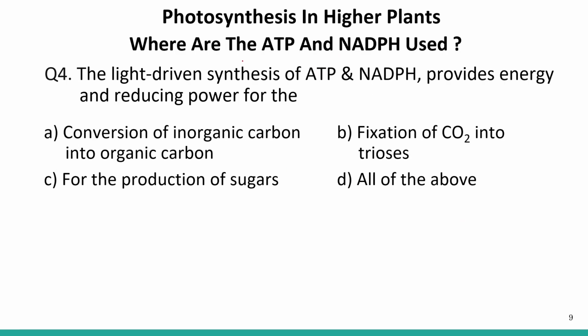Alright, now let's move on to the next question, which is: the light-driven synthesis of ATP and NADPH. Means they are talking about the light reaction, provides energy and reducing power for what? We know that ATP and NADPH, which are produced during the light reaction, are used in the dark phase, also known as the biosynthetic phase.